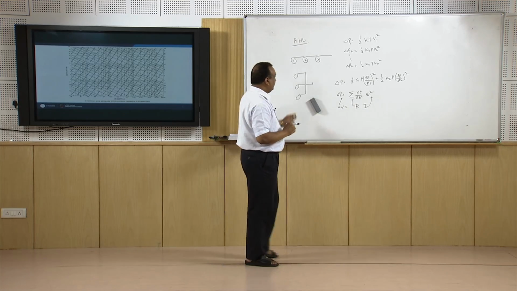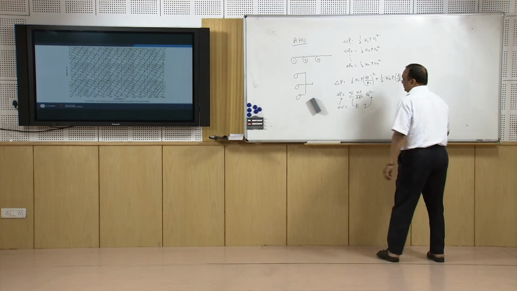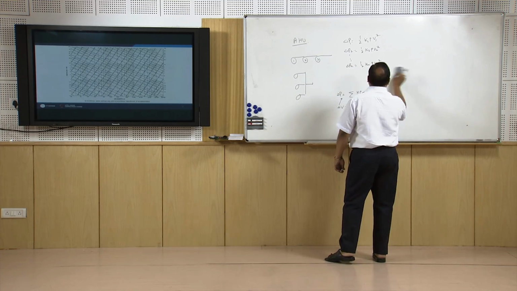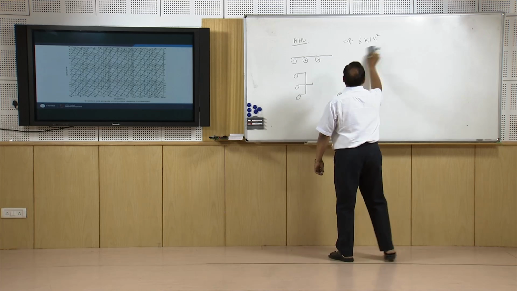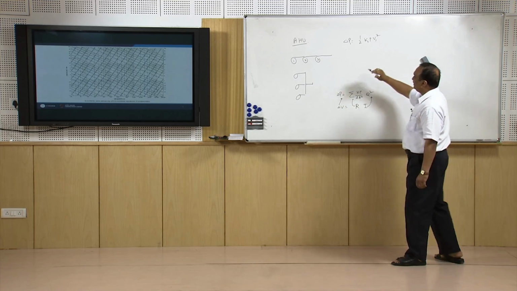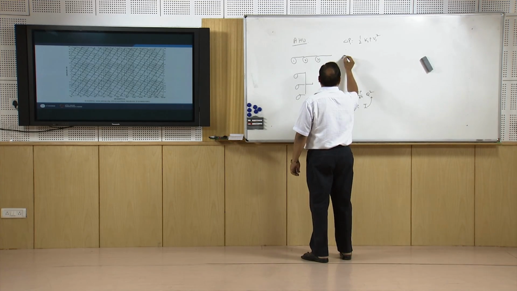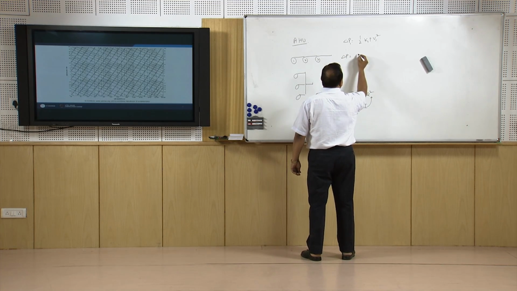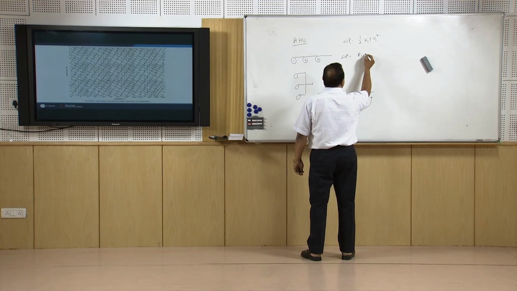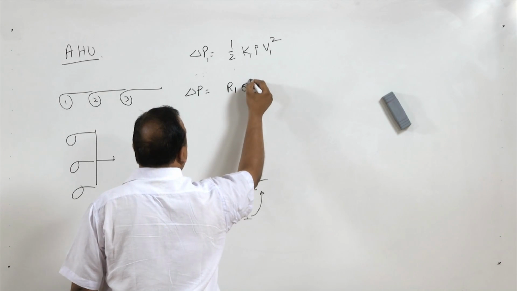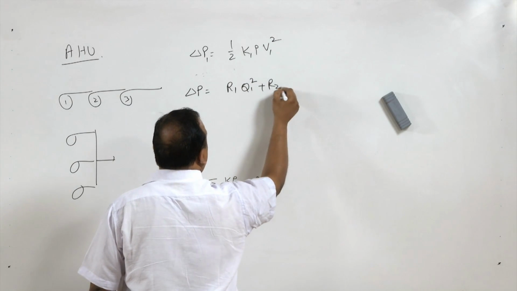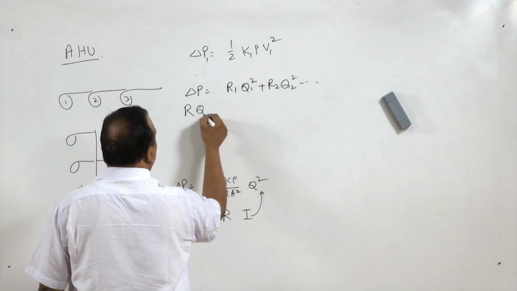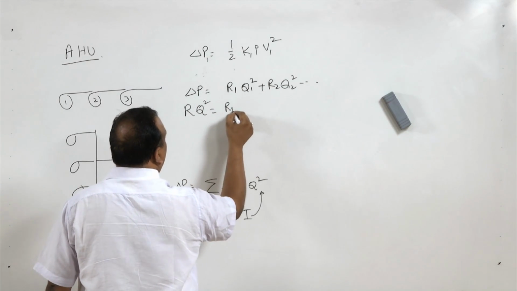Now if they are connected in series and if they are connected in parallel, how are the pressure and discharge going to be affected? Suppose they are connected in series. Delta P is equal to R1 Q square plus R2 Q square and so on, and delta P itself is R Q square.